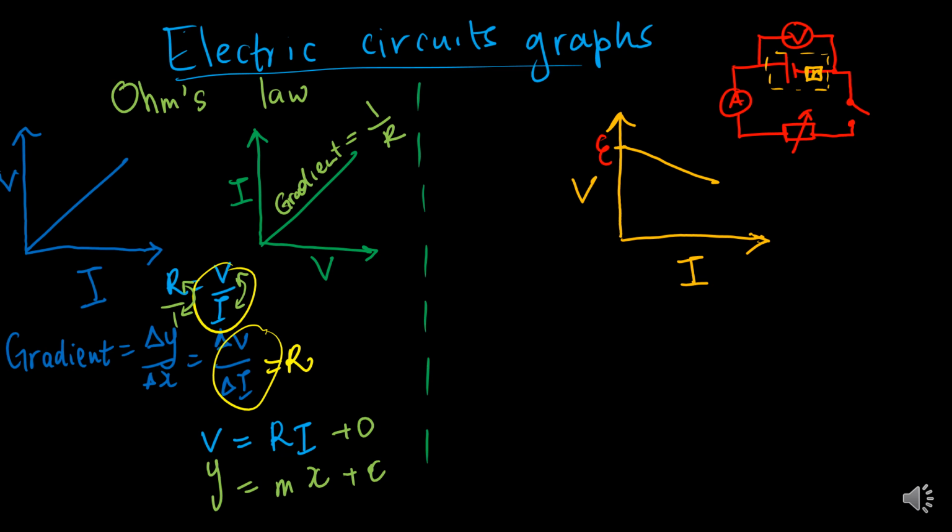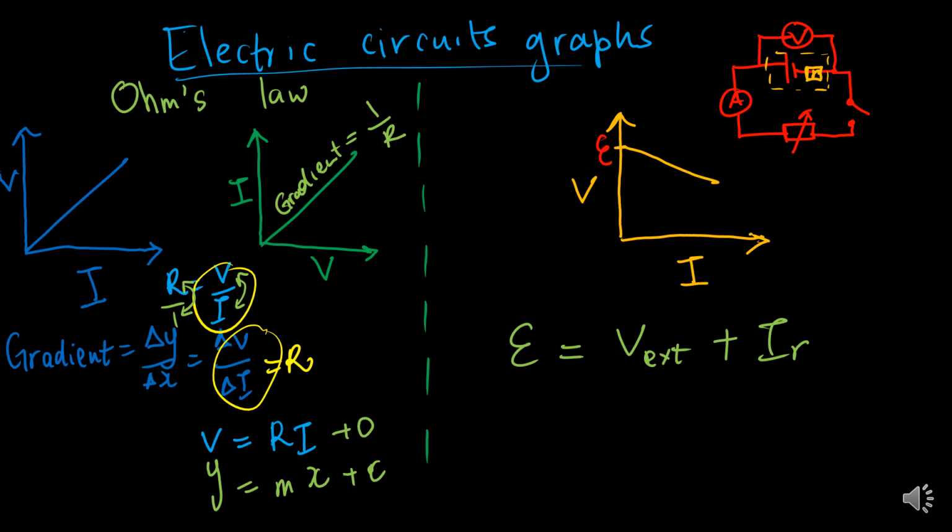So now let's explain why the graph is decreasing. If I have, let's say, V external plus IR, this is the V internal, basically the product of total current and internal resistance, right?